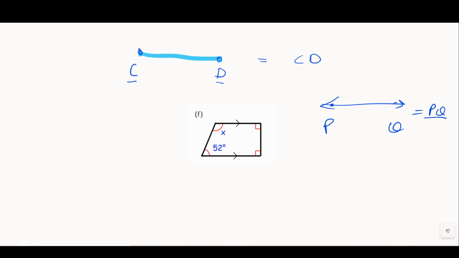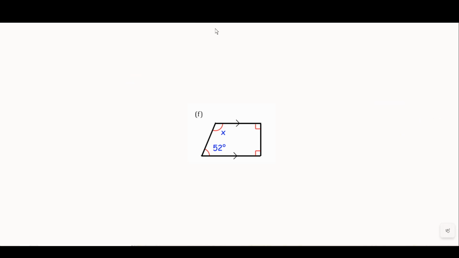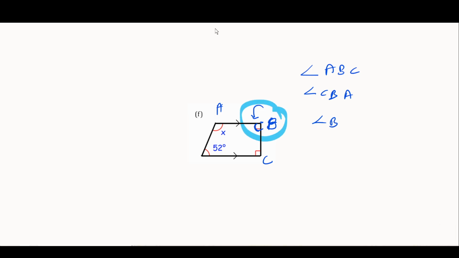But to write an angle name, suppose this angle, this is A, this is B, and this is C. If I'm talking about this angle, I will write it as ABC or CBA or just angle B. In all of them, because the angle is formed at B, which is the vertex, B is there in the middle.